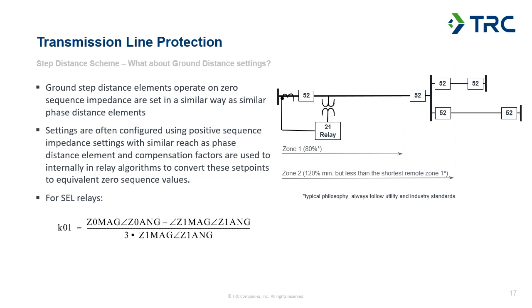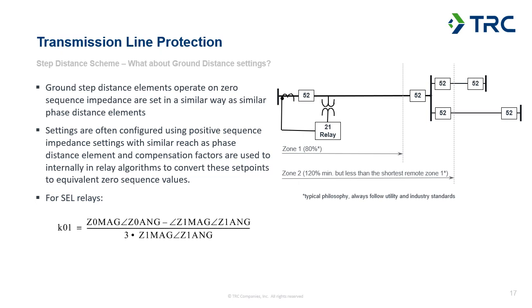And then the relay uses a compensation factor to internally take those positive sequence settings and turn them into what the relay is actually using to evaluate the zero sequence quantities. So generally there'll be some kind of compensation factor or setting adjustment that you provide within the relays that makes that adjustment for you.